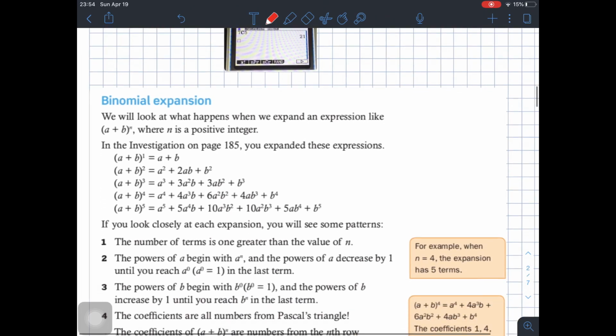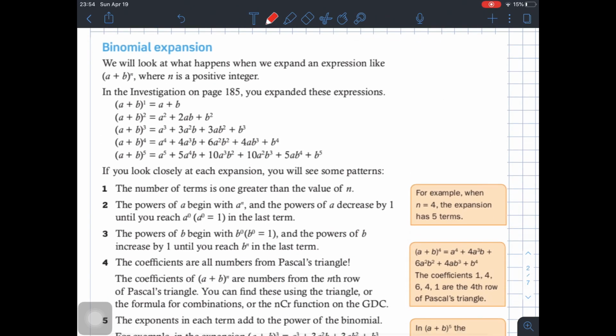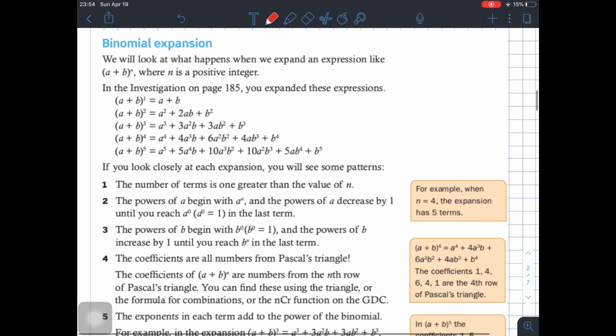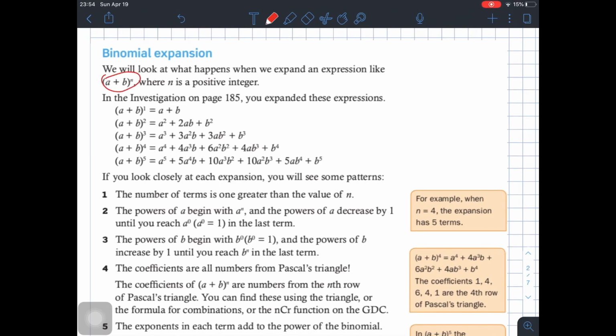Now let's see some very important properties about the binomial expansion in Pascal's triangle. Pay attention to this. It says, we will look at what happens when we expand an expression like (a + b) to the power of n, where n is a positive integer, and it could be any number, 1, 2, 3, 4, 100, whatever.